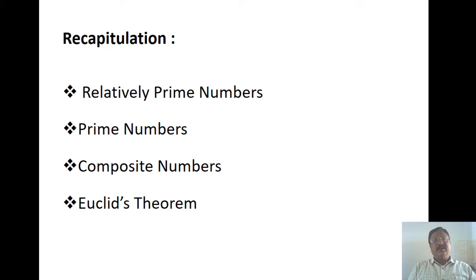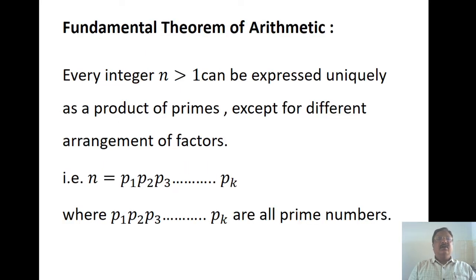Then Euclid's algorithm, there are many, but here we are using the number of primes are infinite. Let us see what is the fundamental theorem of arithmetic. The statement says every integer greater than 1 can be expressed uniquely as a product of primes except for different arrangement of factors.